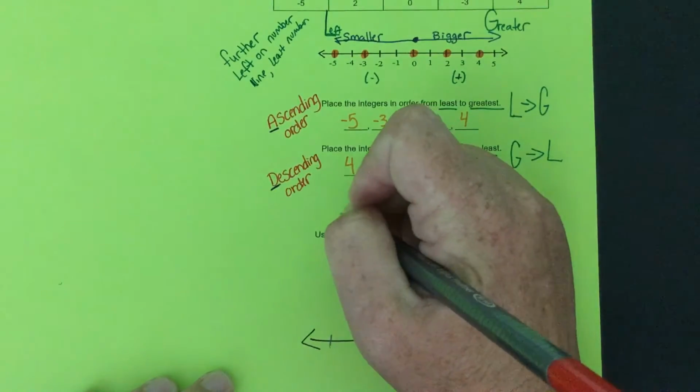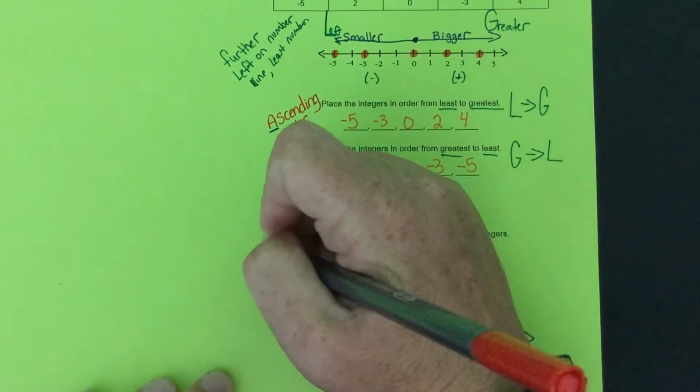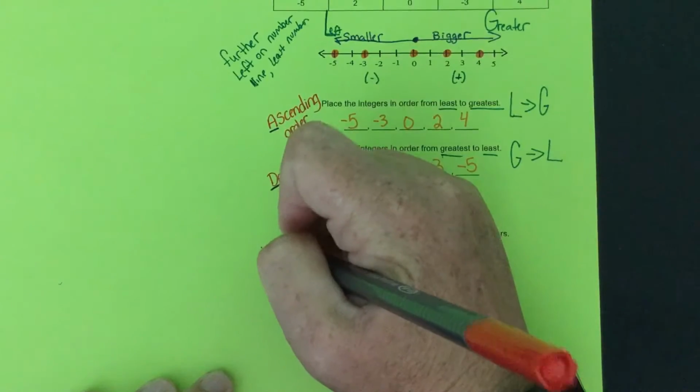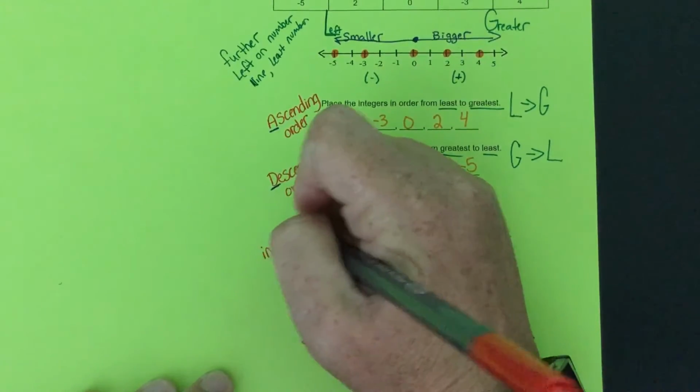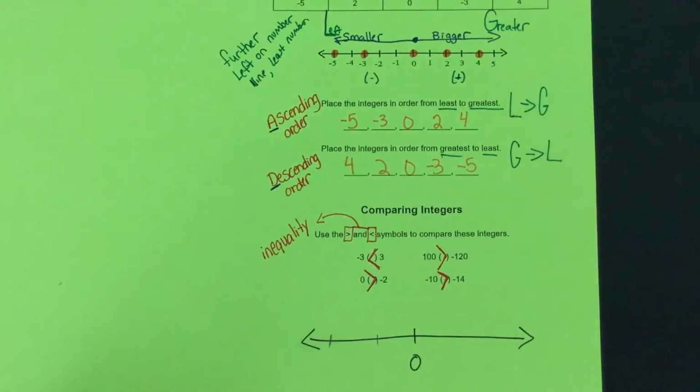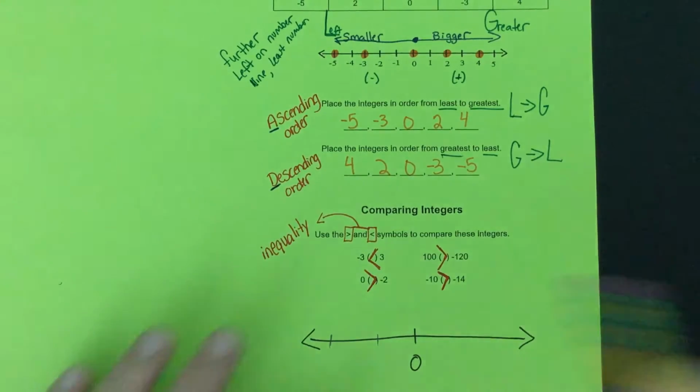Those are called inequalities. That is the inequality symbols. We're going to talk about those a little bit later in our school year.